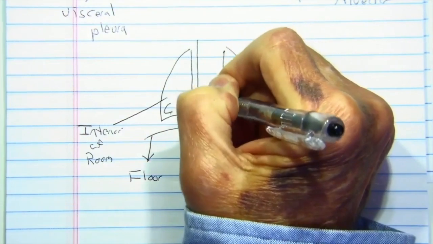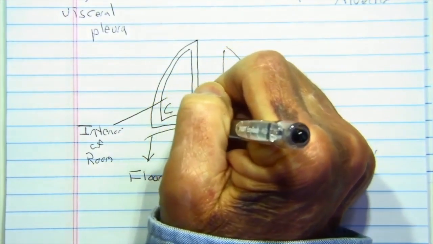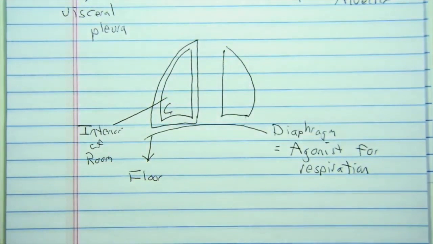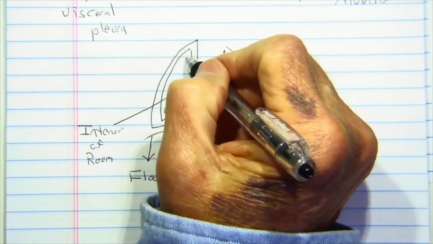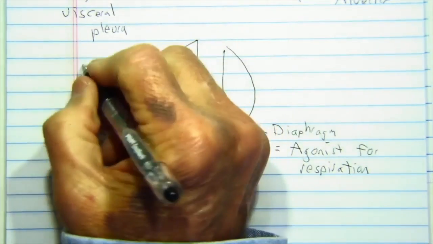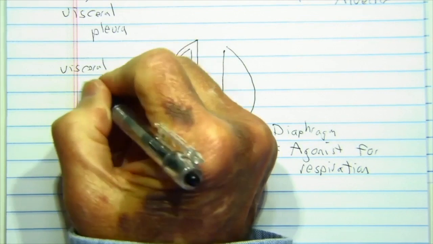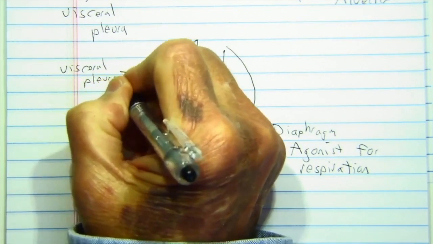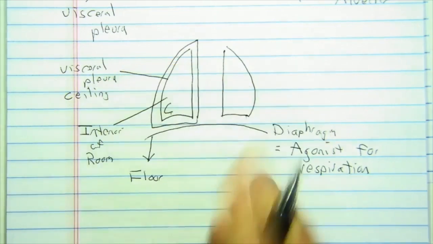And if you were to literally look up, you'll notice that no matter what kind of building you're in, or this room, there's actually going to be 2 what I would call roofs or ceilings. There's the ceiling that you're looking up at, and that's going to be the visceral pleura. So that's going to be the ceiling of the room.